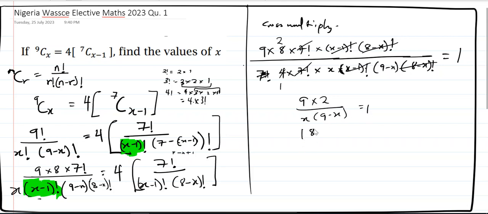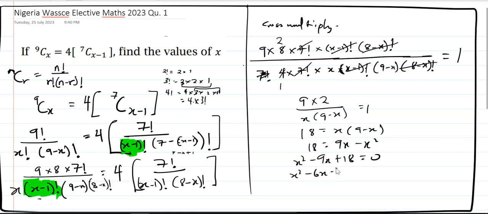So this gives us 18 equals x times 9 minus x. 18 equals 9x minus x squared. So we move these things here. x squared minus 9x plus 18 equals 0. So x squared minus 6x minus 3x plus 18 equals 0.